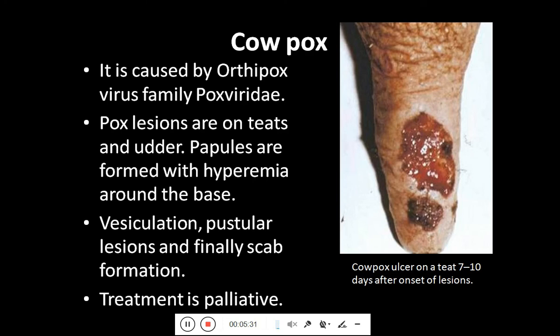The treatment is palliative; you just give treatment for soothing the effect of the vesicles. Here you can see in the picture a cowpox ulcer on a teat, 7 to 10 days after the onset of the lesion.